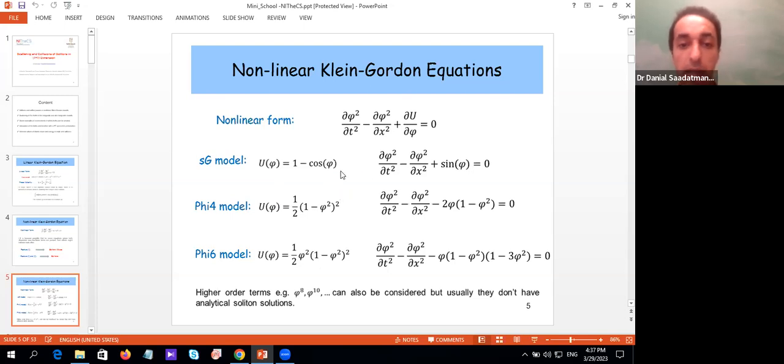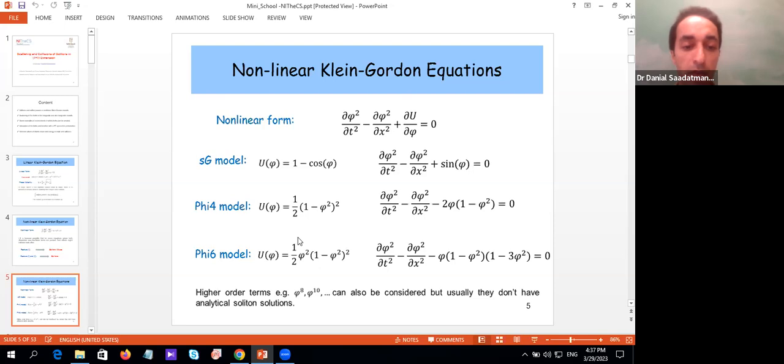The equation of motion can be extracted from the Lagrangian by Euler-Lagrange. The sine-Gordon model is integrable, and the others are non-integrable, and we will see the soliton waves of these equations.